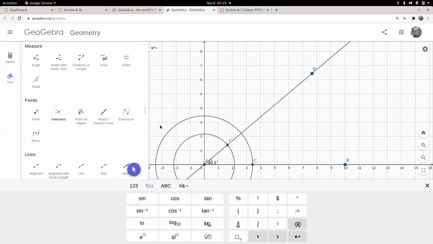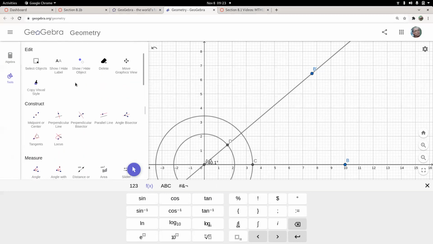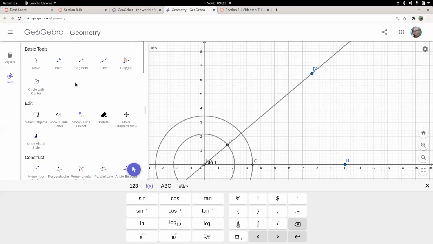Now the letters are different. That's no big deal. Just keep that in mind. And there's a tool to draw a triangle. Oh, there it is, polygon. So my triangle is this one right here. Boom, boom, boom, and back to where I started. Then I can check by finding out the length of that line segment that we just did.